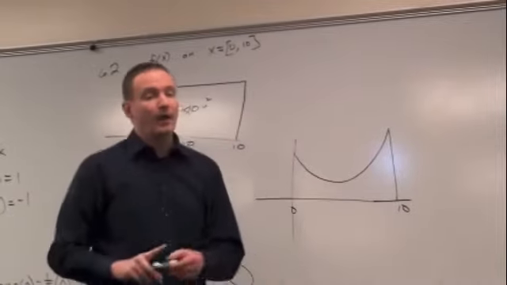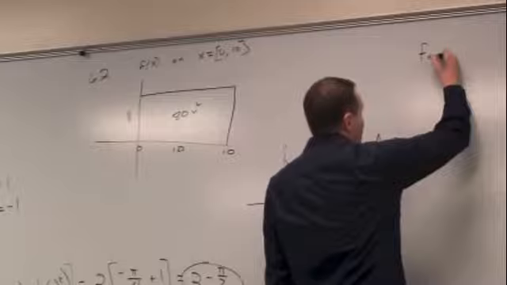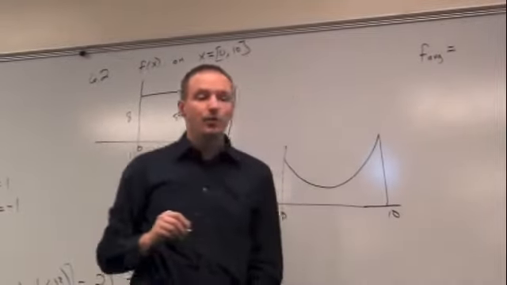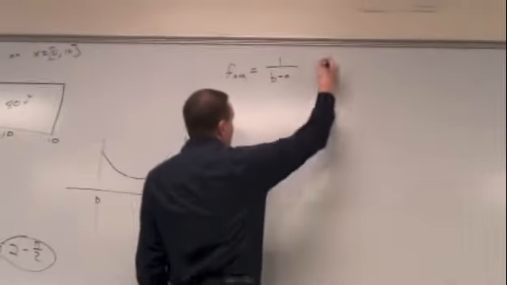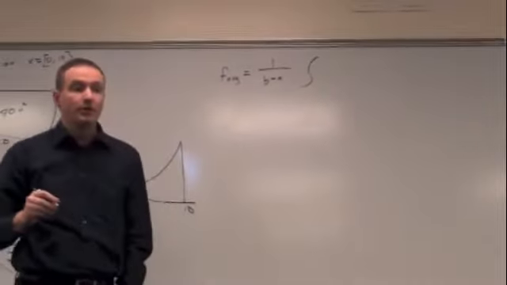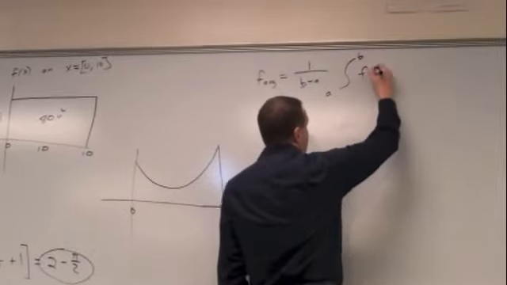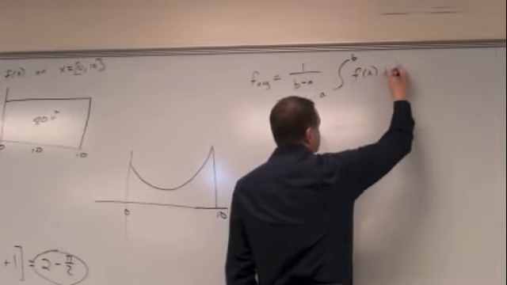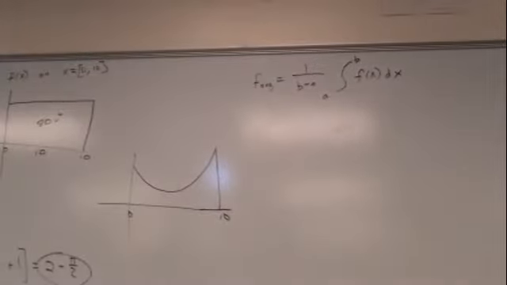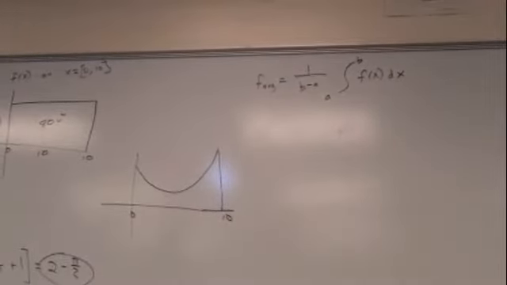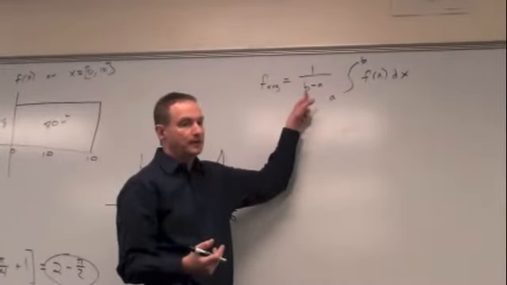So to sum up what I want us to know out of this section, the average value of a function is equal to 1 over b minus a times the integral from a to b of f of x dx. This gives you the average y value of the function f of x over some interval where f of x starts at a, ends at b.